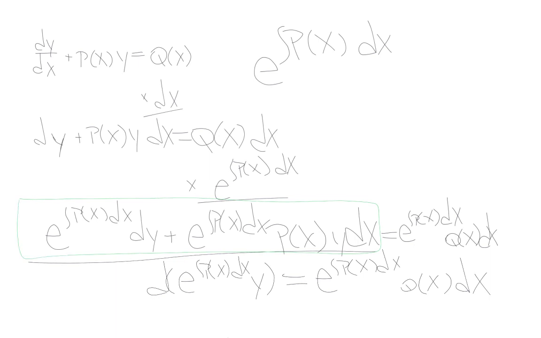Why is this a total differential, you might ask? The reason is that if f of x, y equals the integrating factor times y, then if I took partial f with respect to y times dy, I would treat the integrating factor as constant, and then I would take the derivative with respect to y, which would be 1.